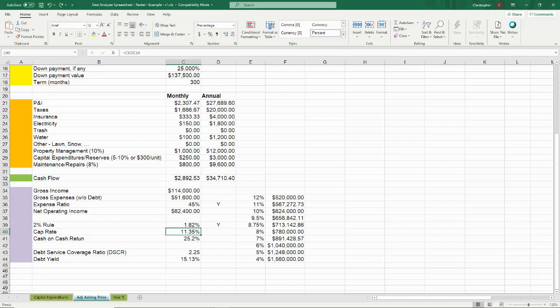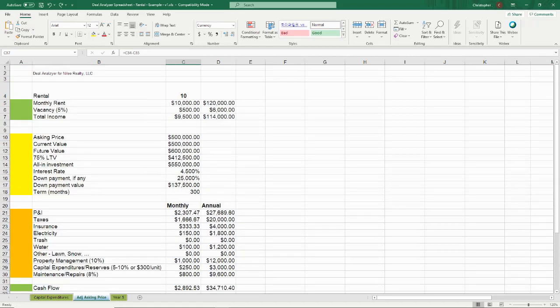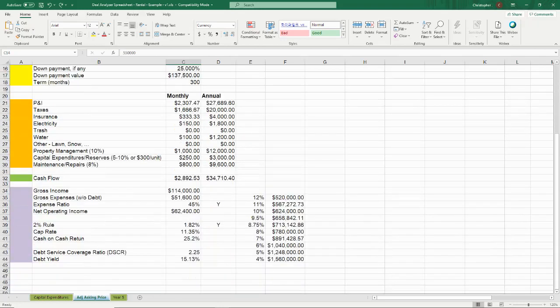One of those key indicators that uses the net operating income is the cap rate. The net operating income, which is again income minus expenses, excluding any type of debt or mortgage, is $62,400. So we divide that $62,400 by the acquisition price or value of the real estate asset, and we get 11.35%.